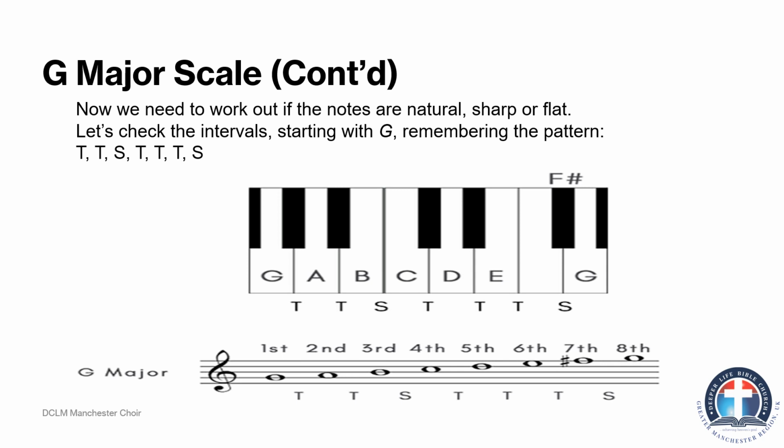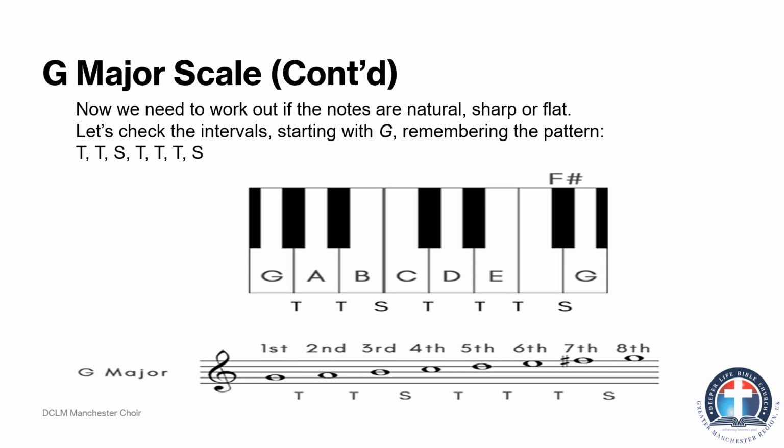Now when we look at the keyboard, we have G, A, B, C, D, E, and then we look at the black key. There we have the F sharp, and then we have G again because we started on G and we are ending on G. But let's not forget the rule that every letter is present just once.